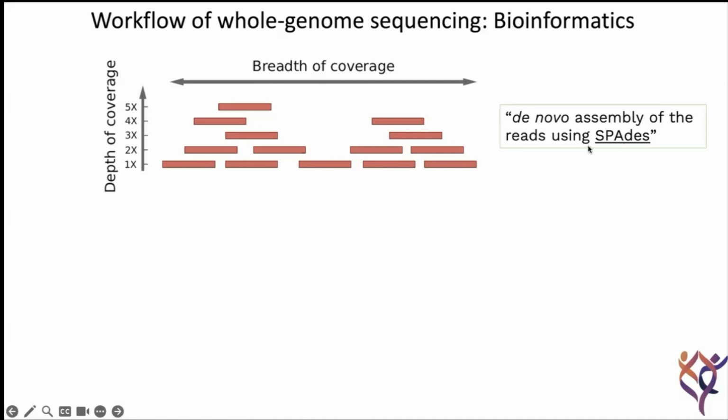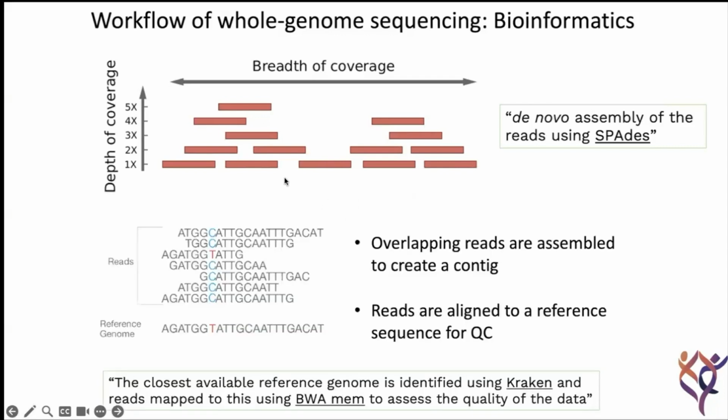So they use a program called SPAdes, and that uses the sequence data that you have within each read, and it overlaps them and recreates a contiguous set of sequences. So each of these contiguous sequences that are generated by overlapping reads, they are assembled to create a contig. You will often see the term contig referred to, and that is a contiguous run of bases.